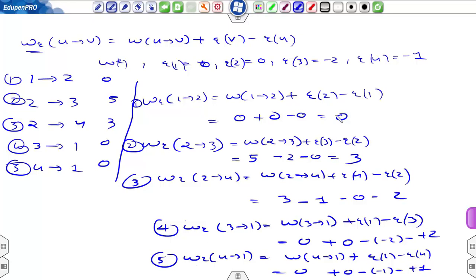Okay, so now we can draw the retimed graph for the given DFG.